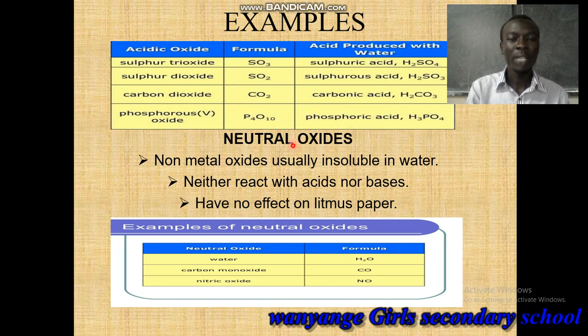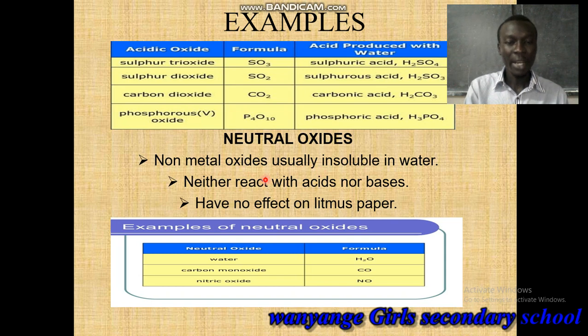Then we have the other group of non-metal oxides, which are called neutral oxides. We say these are neither acidic nor basic. They are completely different from acidic oxides and basic oxides. They are non-metal oxides, which are usually insoluble in water.